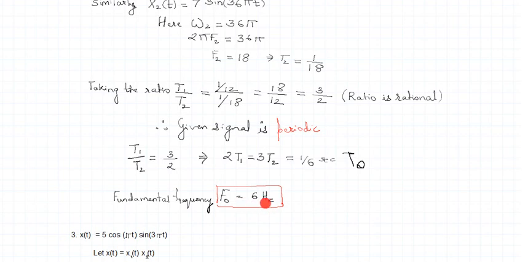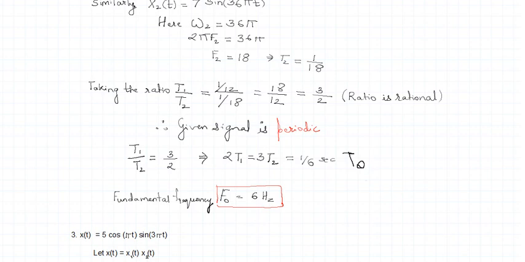The given signal is periodic with fundamental period T naught of 1 by 6 and fundamental frequency of 6 hertz. This way you have to take the ratio of T1 by T2. Look at the ratio. If the ratio is rational, then you conclude that the given signal is periodic.